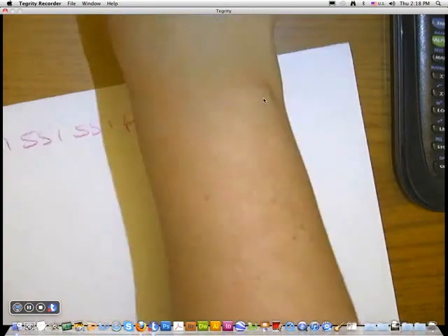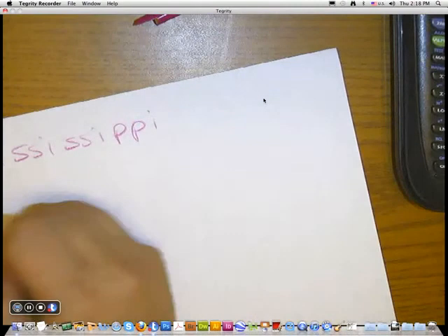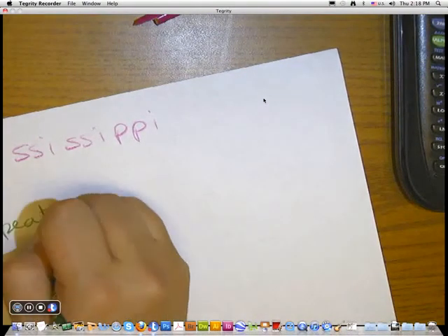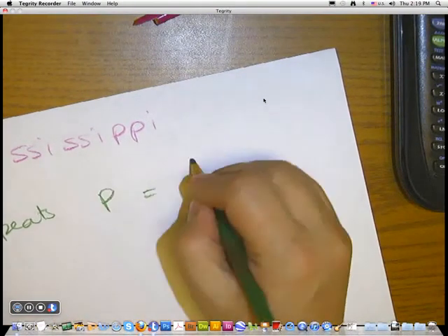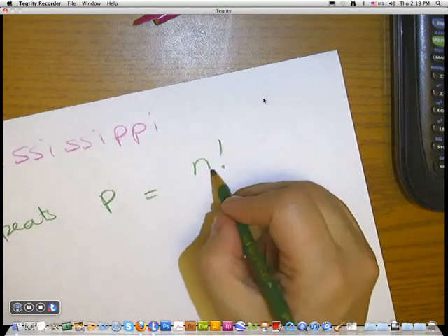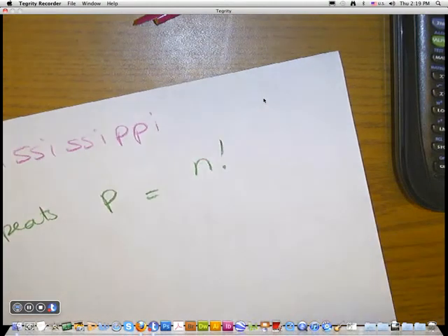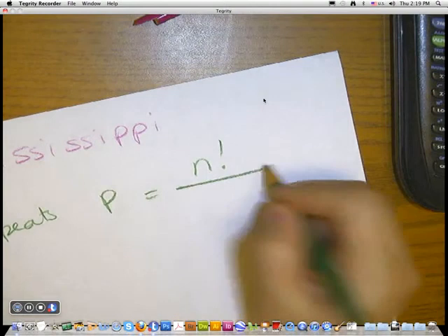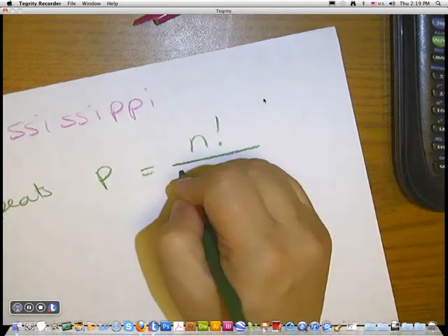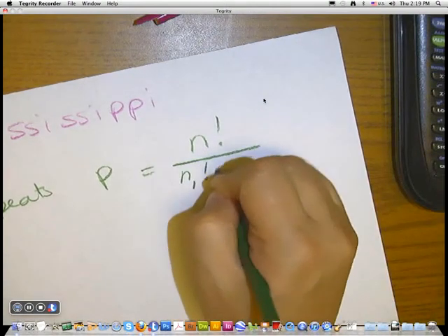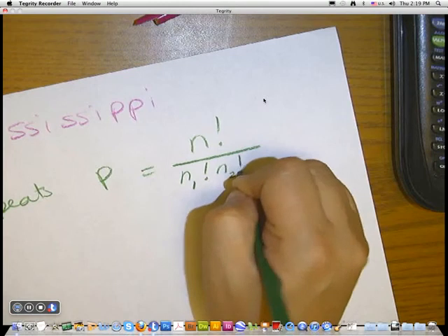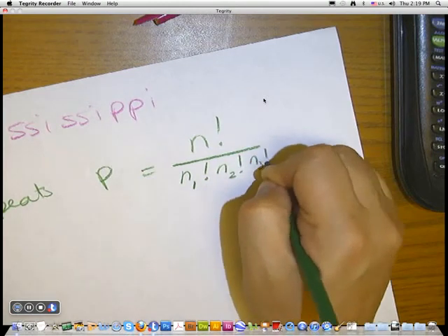All right, let me give you the formula. The formula, if I have repeats, is n factorial, so the number of items you have, because n is always how many things you have, over each repeated item factorial.